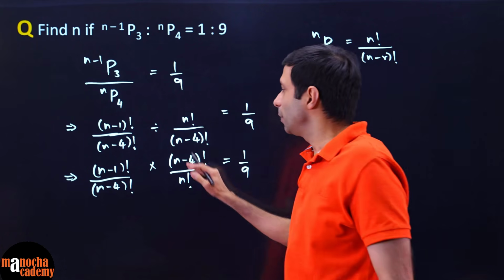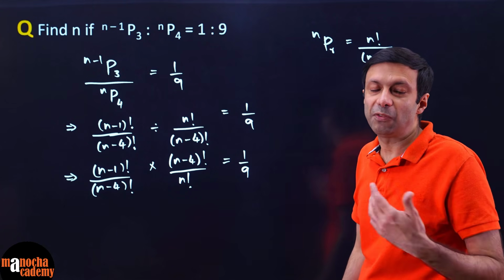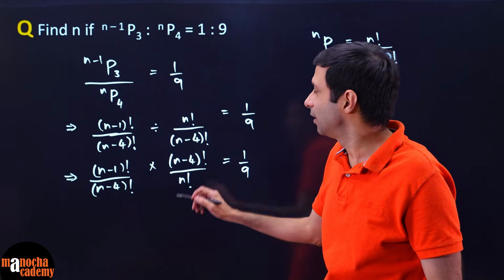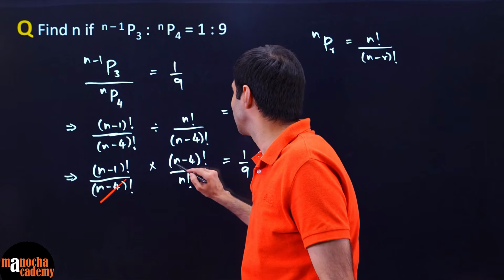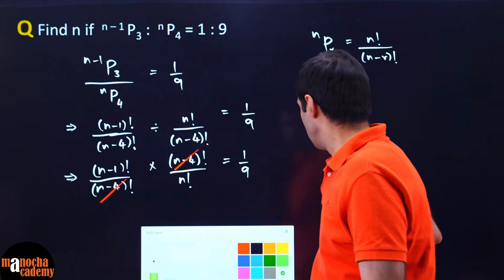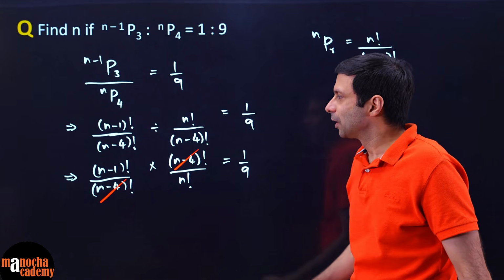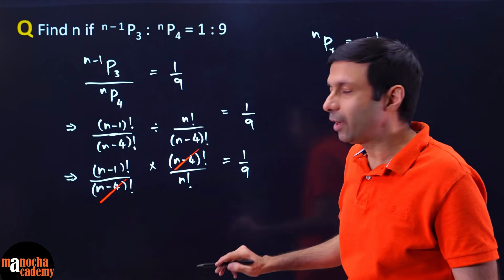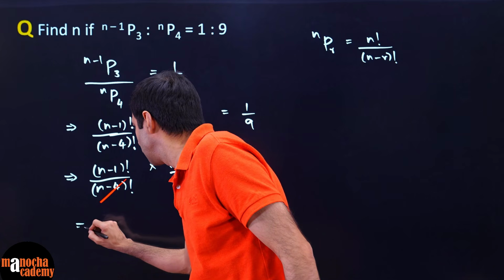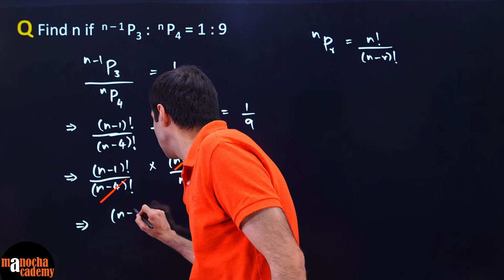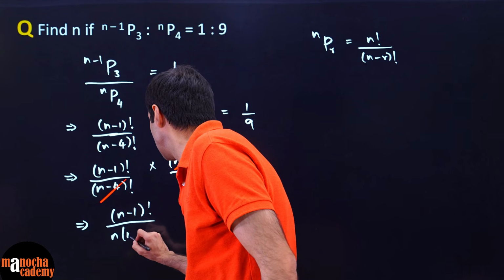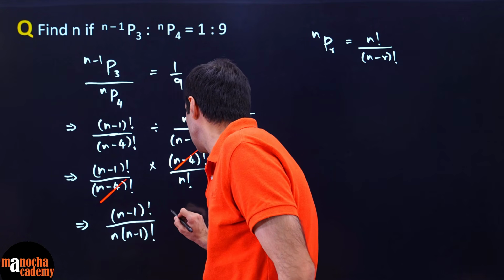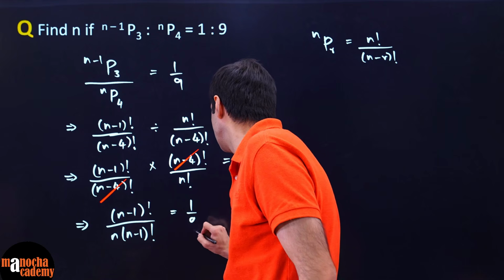So the main thing is you should never expand out. You should see if things will cancel to simplify things here, and you can see that (n minus 4) factorial is nicely cancelling out over here. Now let's see what we can simplify here. We have (n minus 1) factorial by n factorial. We know that n factorial is nothing but n times (n minus 1) factorial, and on the right hand side we have a 1 by 9.